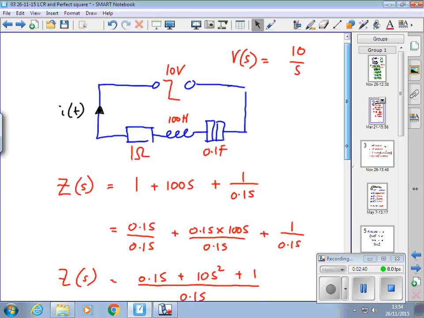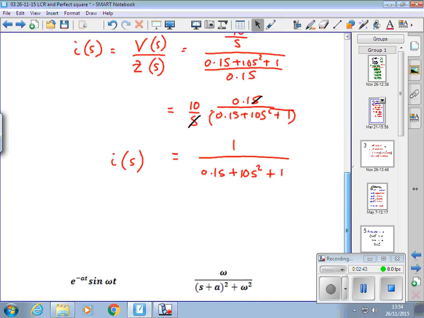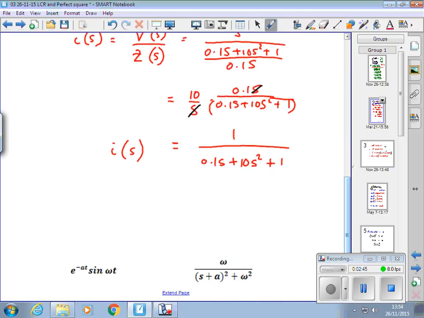So if we go back to our original circuit, I(s), we can now write I(s) as equal to 1 over whatever that perfect square was. s plus 0.005 squared plus 0.099975, if I remember correctly.